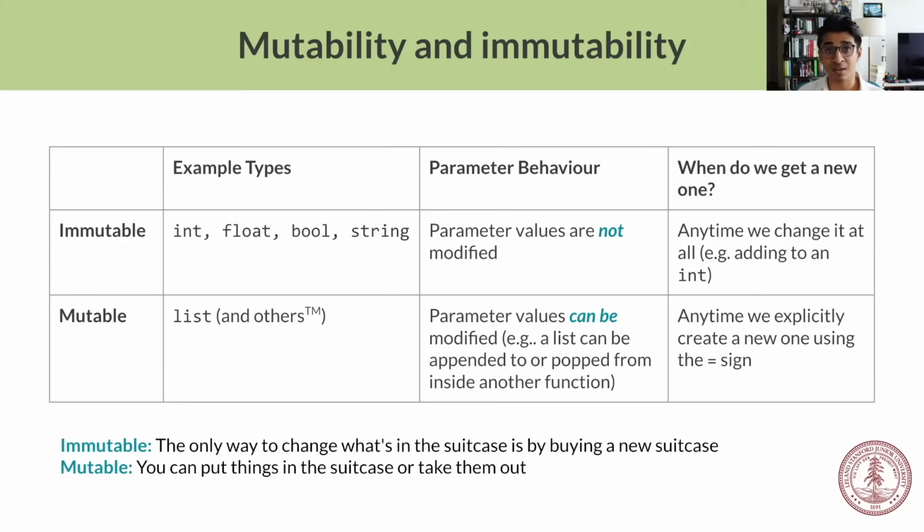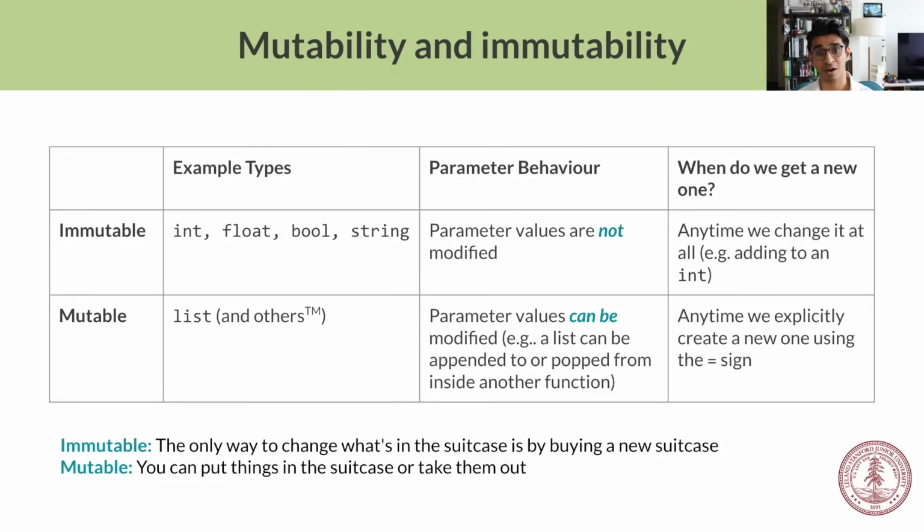They were fundamentally equal to what they were, and you cannot change them. Practically speaking, what this means is that if you pass an immutable value into a function as a parameter, it's not going to be modified. It will remain the same once the function is done. And we get new immutable values any time we try to change them at all. If we try to set x equal to 7 and then equal to 8, we're getting a new immutable value 8, as opposed to changing that 7 into an 8.